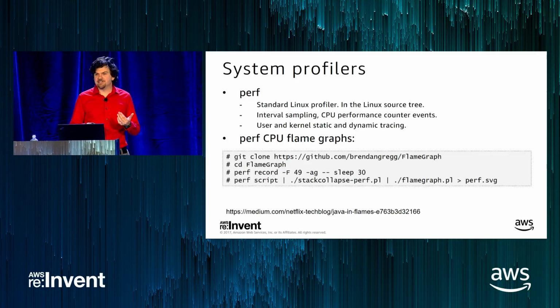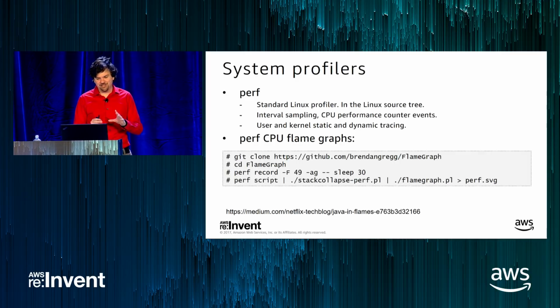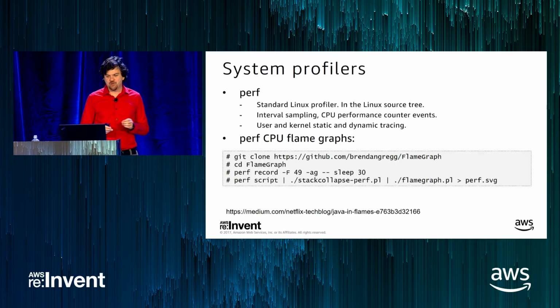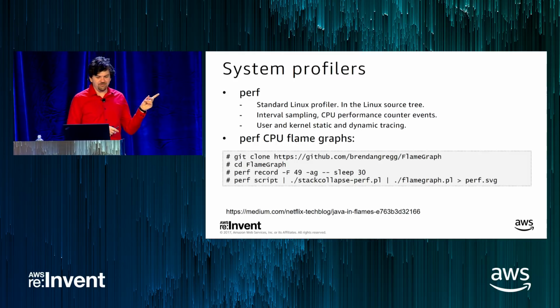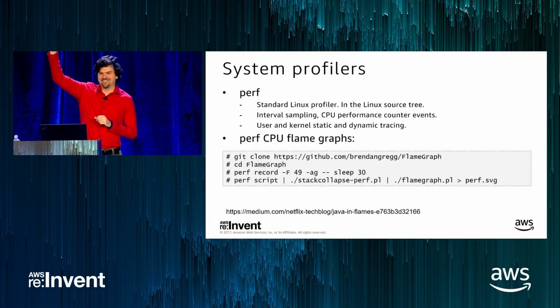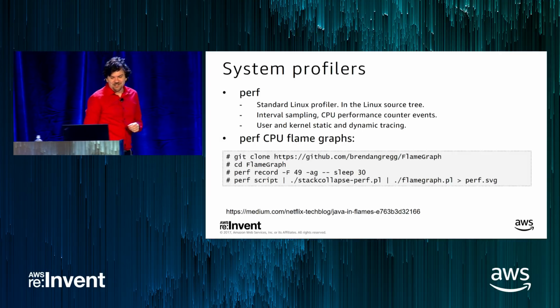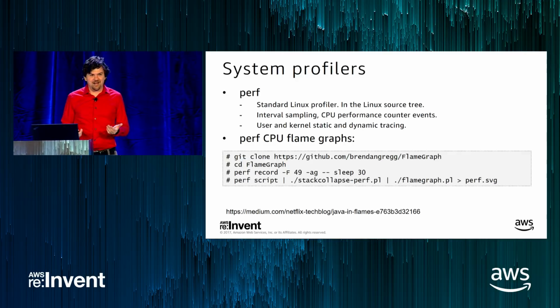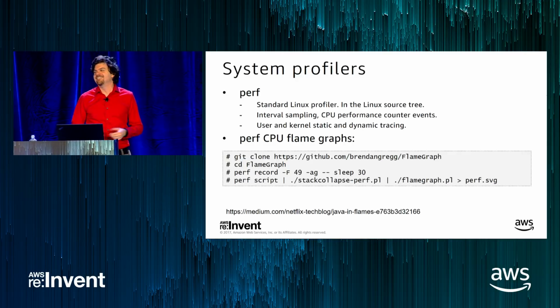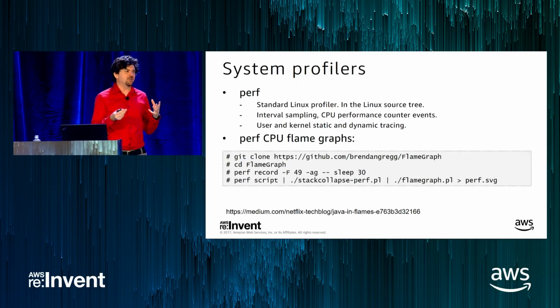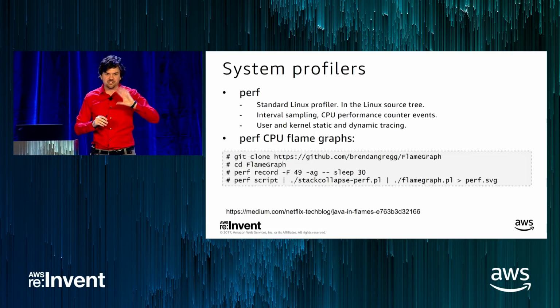On our team, Martin Spier has just published a new flame graph type. You might notice my old flame graph software there is written in Perl. Who likes Perl? There's still some of us. Yeah, how about that? So Martin has written flame graphs in a new language, D3, which is kind of exciting because D3 gives us more interactivity.